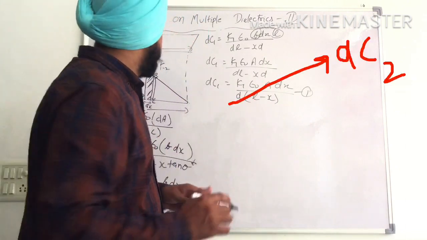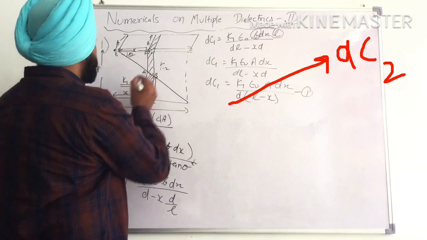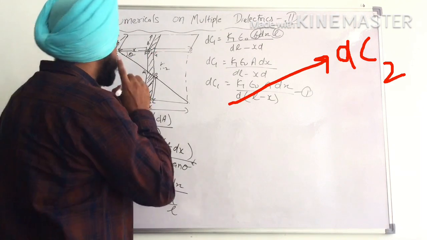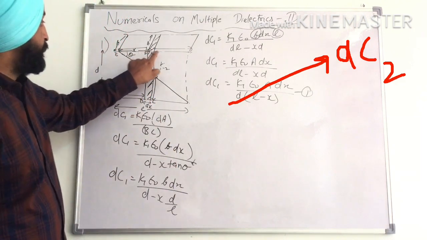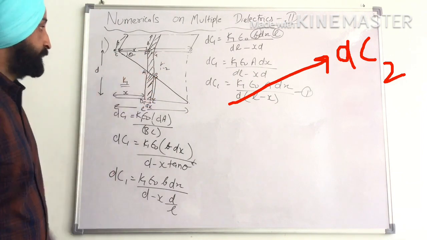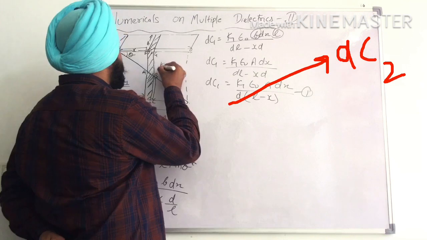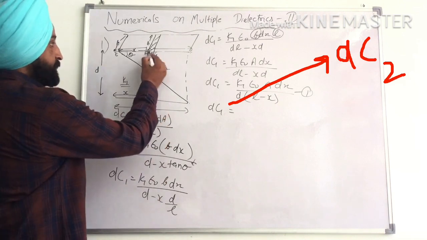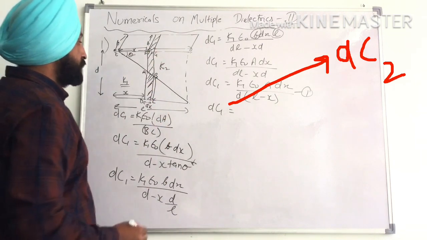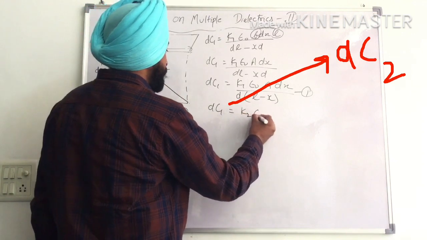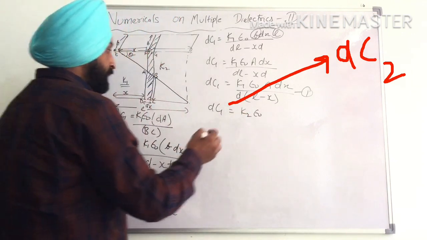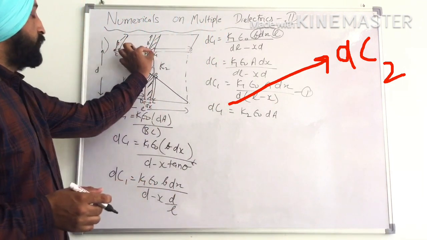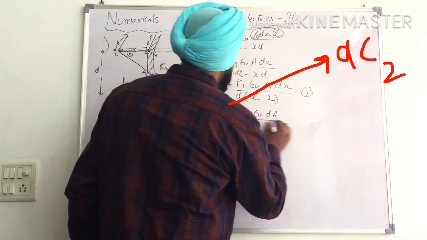Similarly, we will be calculating the capacitance of this part. I can write it as G. So now I will be calculating the capacitance of FGDA, and I will be naming it as dC2. So capacitance of this part will be equal to K2 epsilon naught, again we have to write it here as dA, small area, divided by separation.